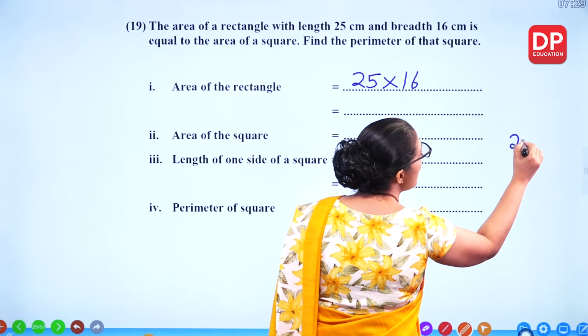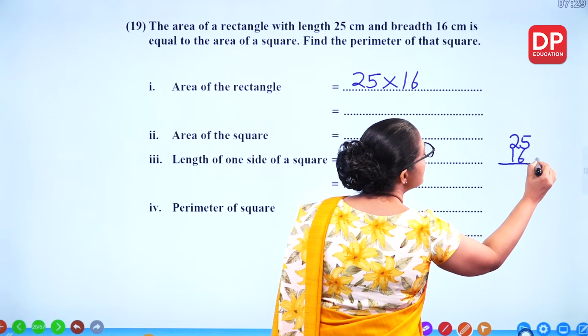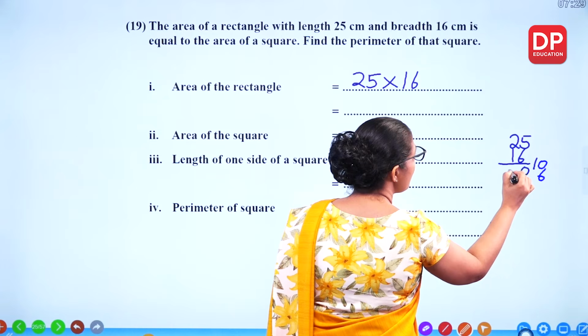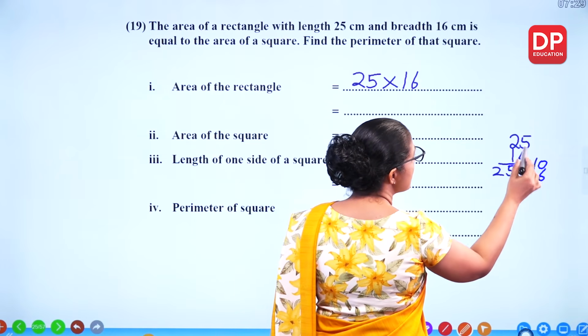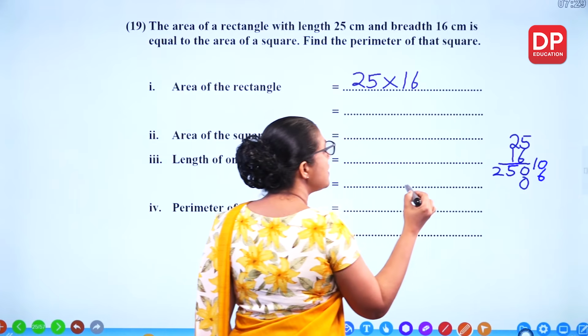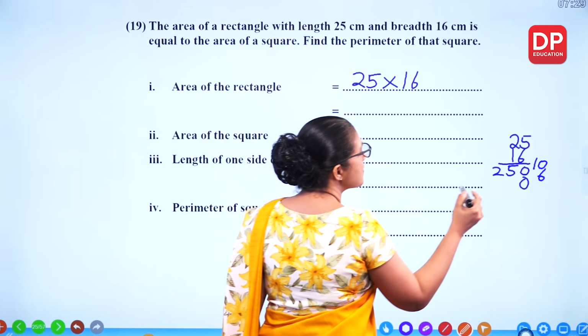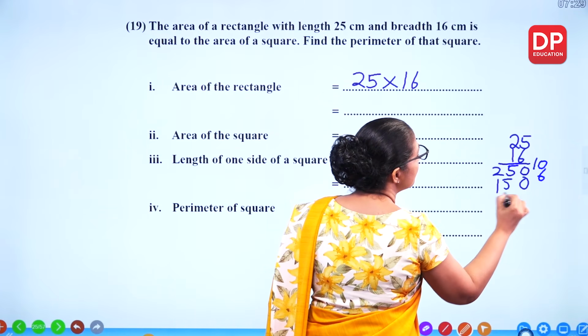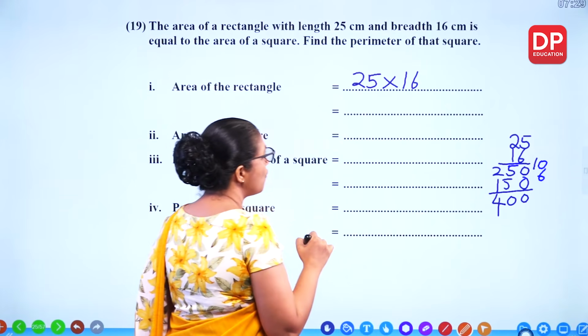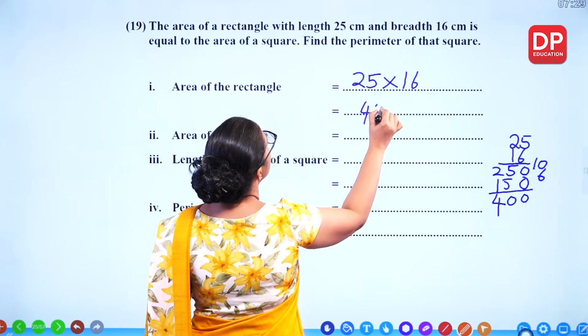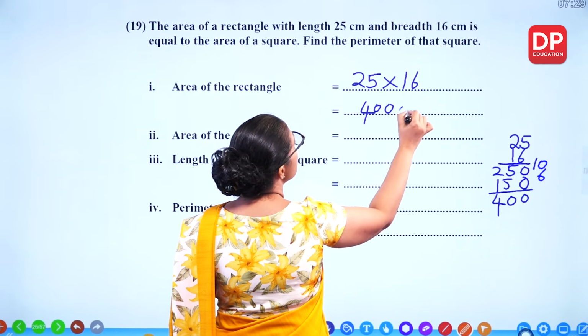Multiply 25 times 16. That means 10 and 6. Multiply by 1 and multiply by 6. 6 times 5, 30. 6 times 2, 12 plus 3, 15. So when you add it, you get 400 square centimeters.